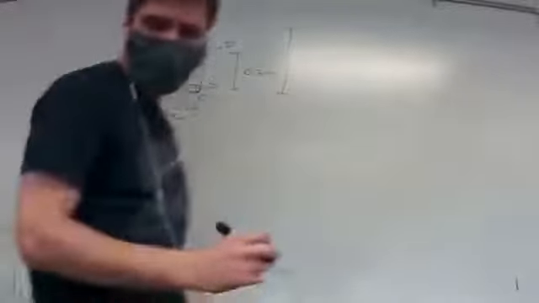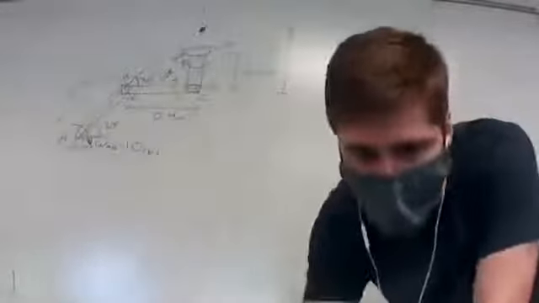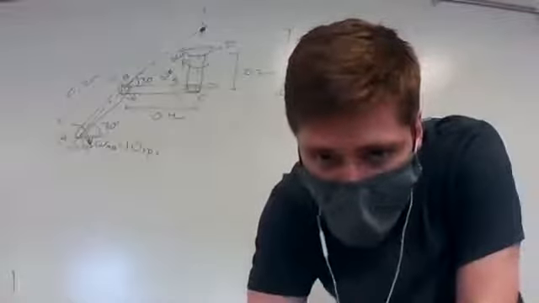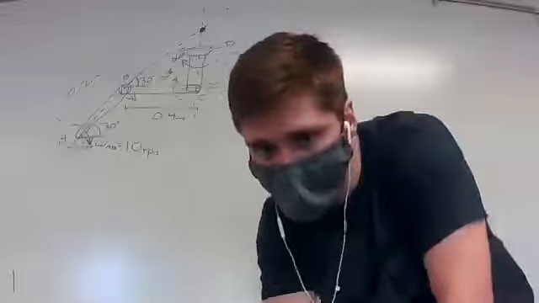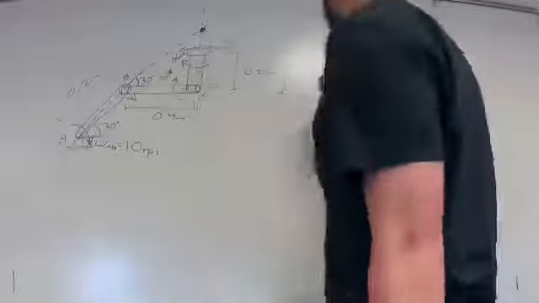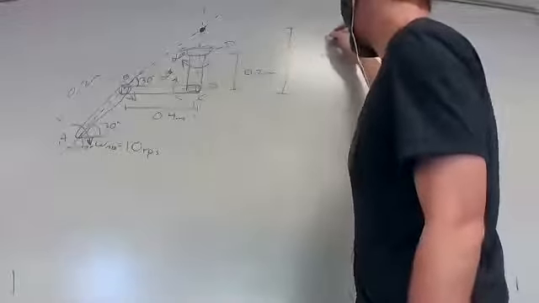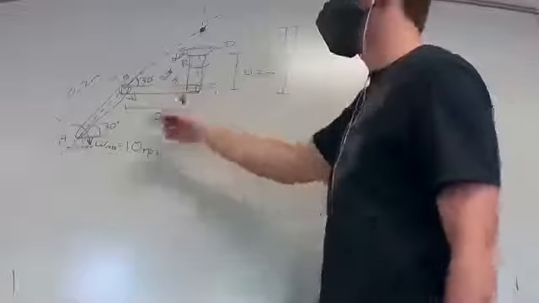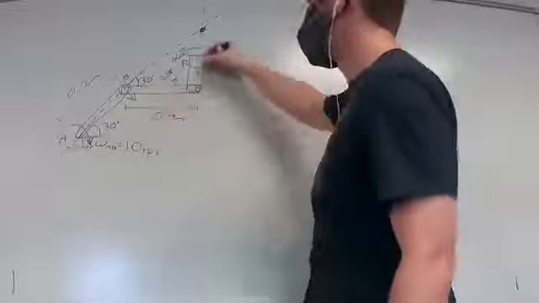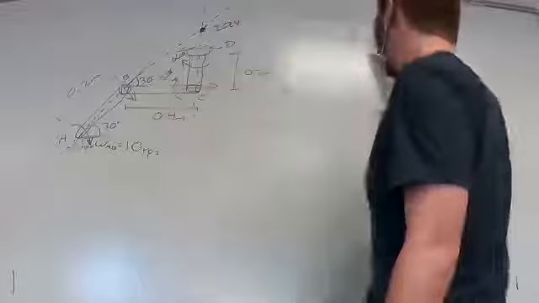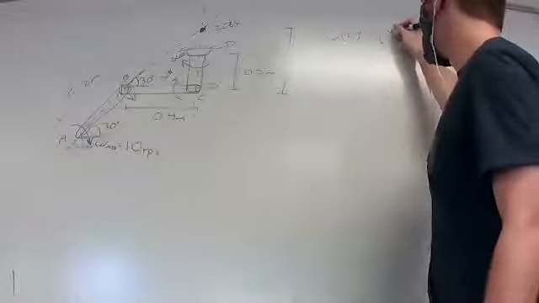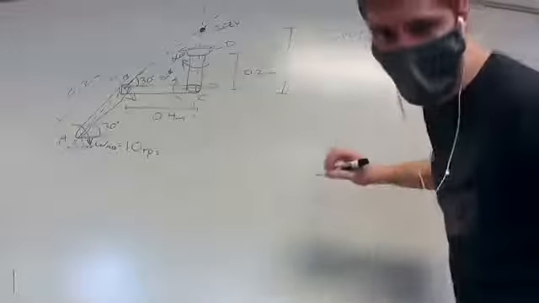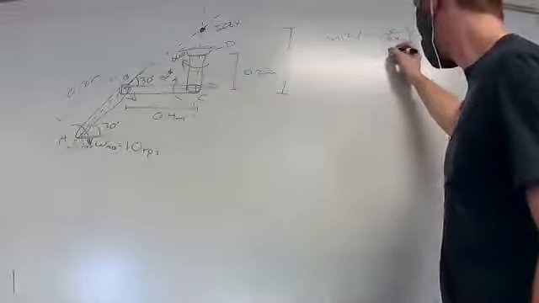And just as a note, this is also. So we can say that tangent theta, the theta being the 30 degrees here, and if tangent is the ICZV, this is equal to the unknown y over 0.4 meters.